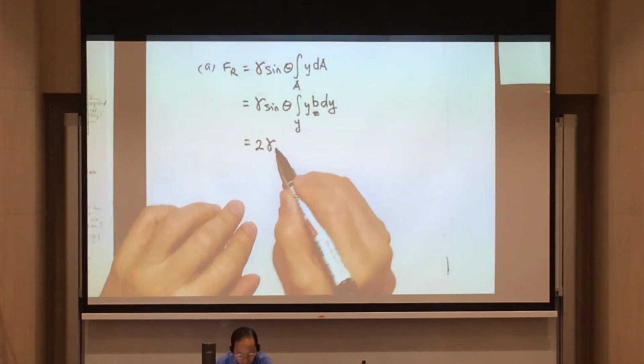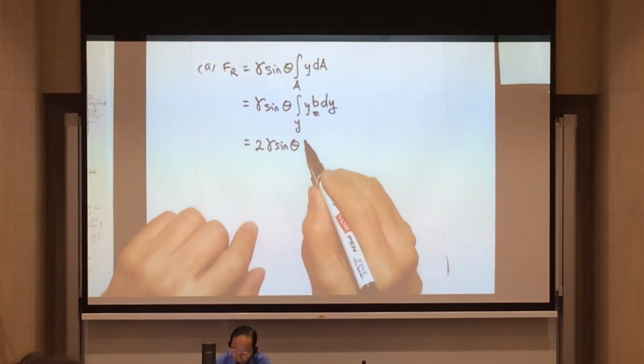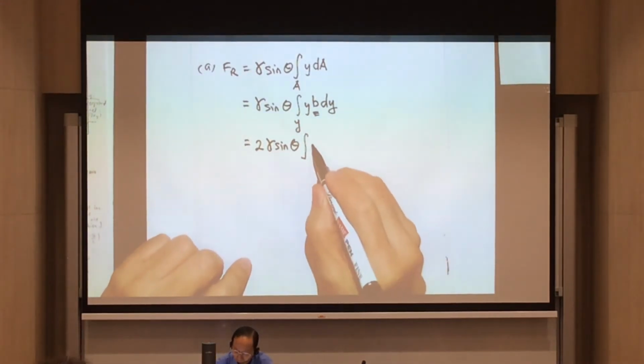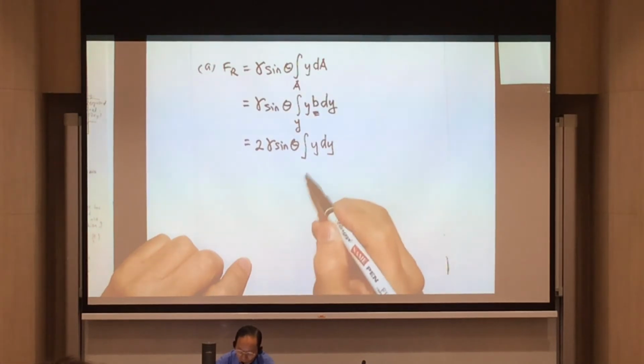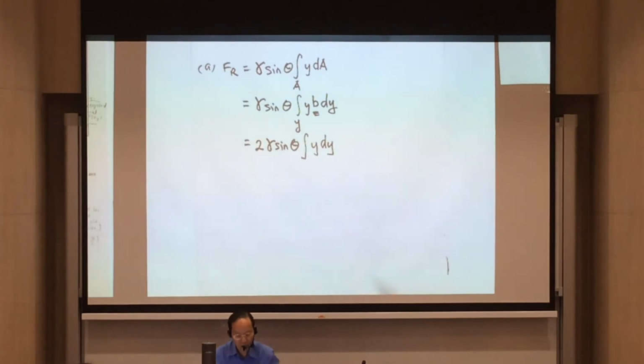We put back the gamma times sine theta, and we will integrate over the whole length y. So we have y dy. So y, we can integrate across y from what value to what value?